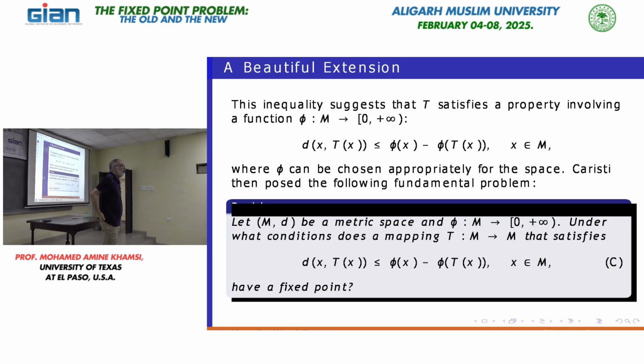T equal identity failed the Banach contraction principle. Why? Because it's not a contraction, and we don't have uniqueness of the fixed point. Everything is fixed. Did he fail? Did he abandon? No. He just discovered a new class of mappings. Contractions are one of them, but not only contractions. You see now?